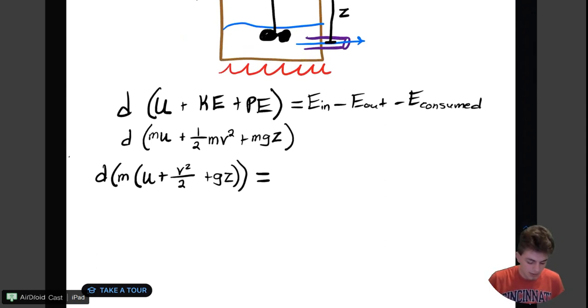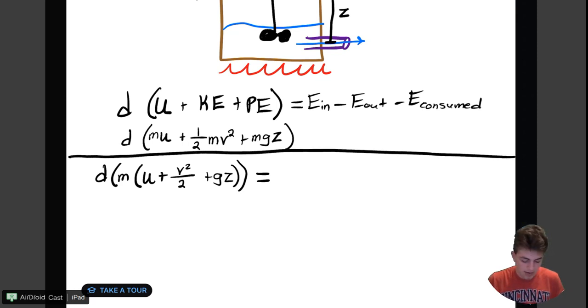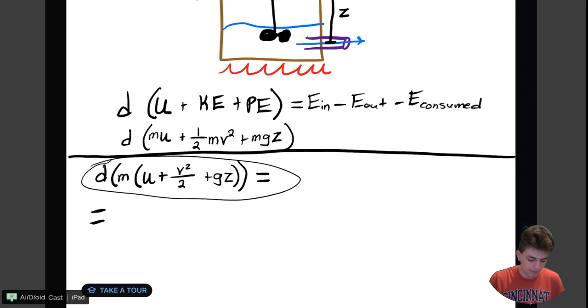I'm actually going to draw a line here, and under this I'm going to do kind of another equal sign. This is supposed to denote the right side of this equation here.